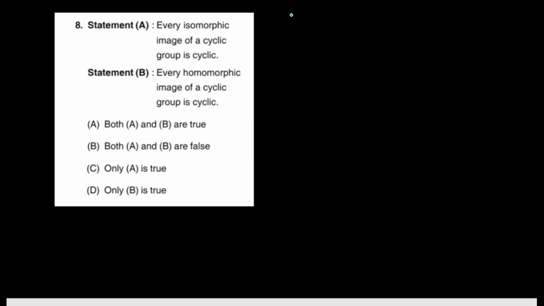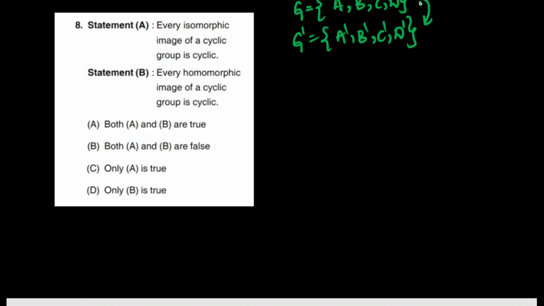Isomorphic is nothing but, if we consider two groups, G with elements a, b, c and d, and one more group G prime with a prime, b prime, c prime and d prime, there is a one-to-one mapping of elements between the two groups of order 4, then we call them isomorphic groups. And the isomorphic image of a cyclic group is cyclic. Yes, it is also a cyclic group.